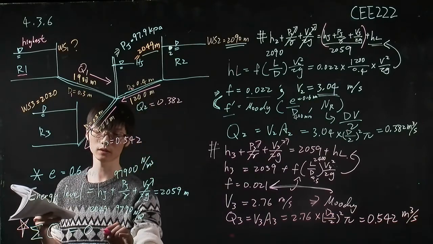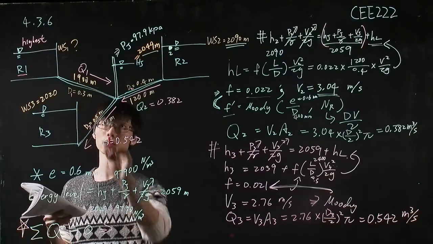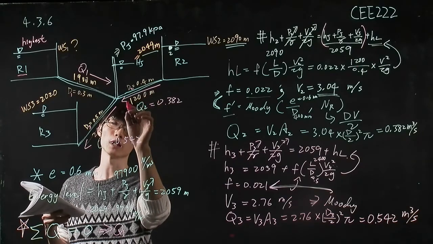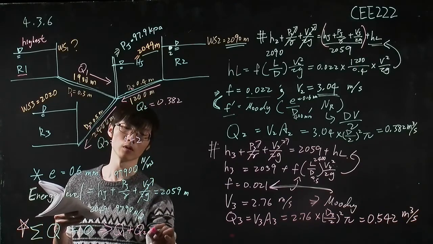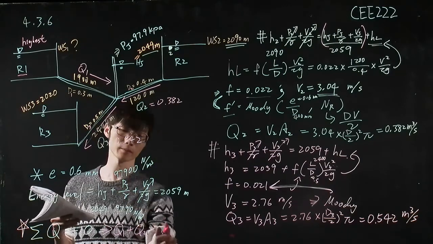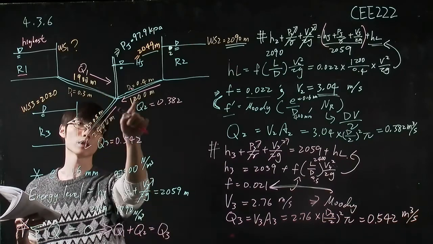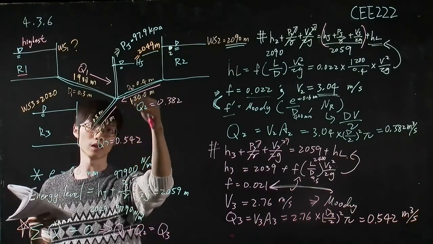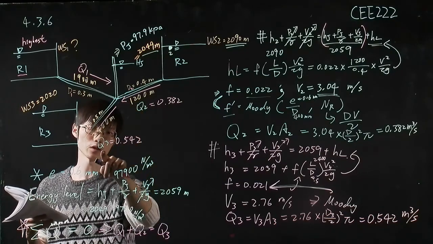So we can expand this equation, and we know that Q1 plus Q2 will equal Q3. Why? Because Q1 and Q2 flow into this junction, so the inflow of this junction should equal the outflow of this junction, which is Q3.